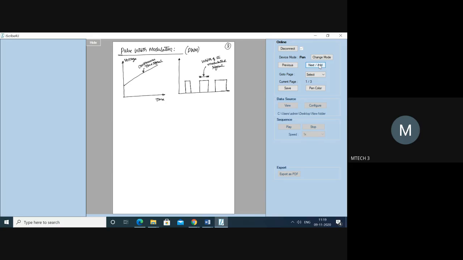Now observe very carefully. In pulse width modulation, I have converted this analog signal into a digital signal. So this is equal to this.